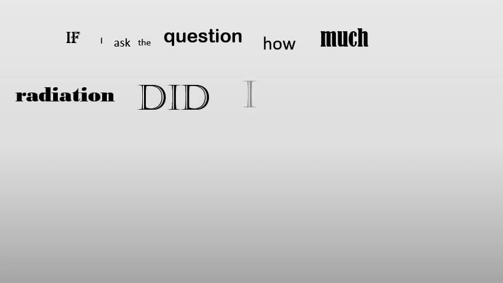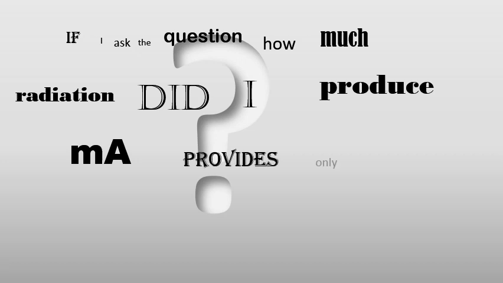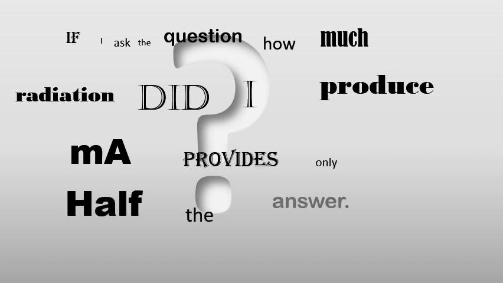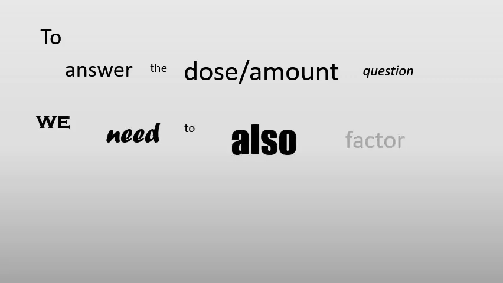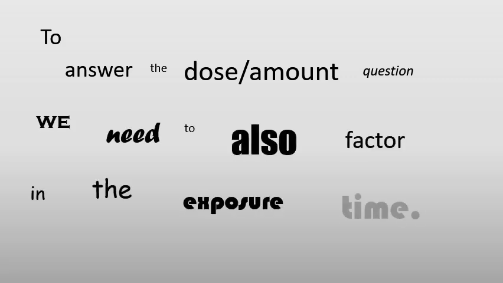If I ask the question, how much radiation did I produce? mA provides only half the answer. To answer the dose amount question, we need to also factor in the exposure time.